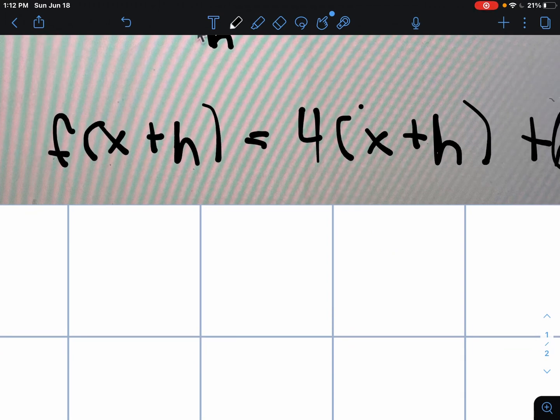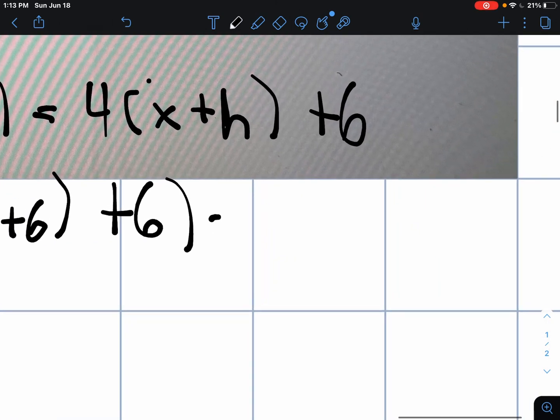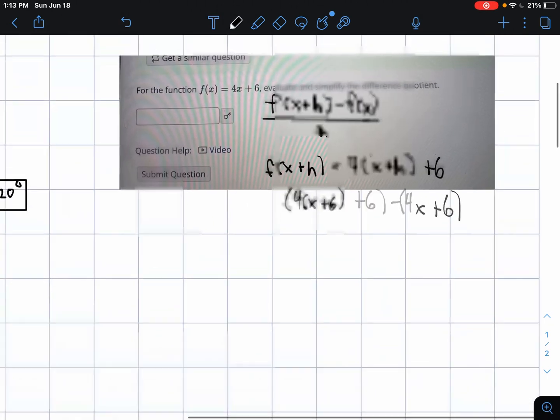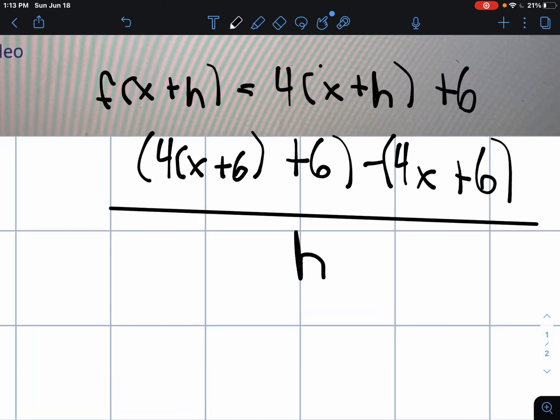So a big parentheses here: 4 parentheses x plus h plus 6 minus 4 parentheses x plus 6, all over h. Let's go ahead and simplify this.